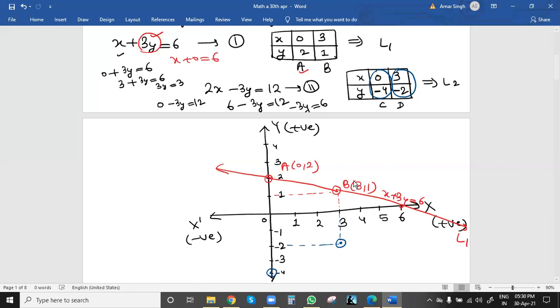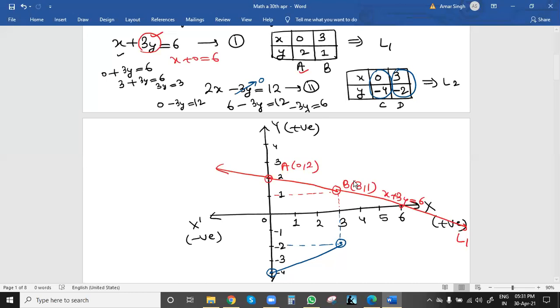Now this was the line. We can check from here. We can join these 2 points, and from the equation we can check where this will cut the x-axis. While cutting the x-axis, the y term will be 0. At x-axis, y is 0.